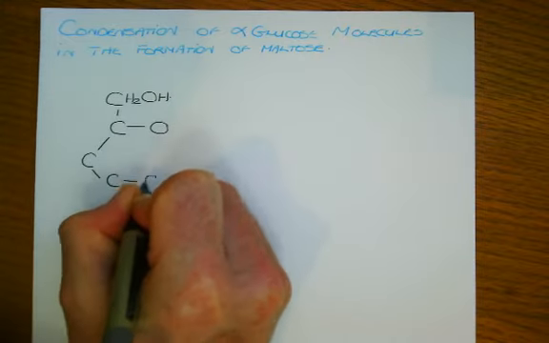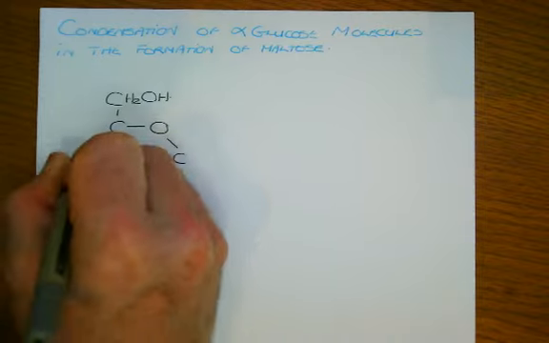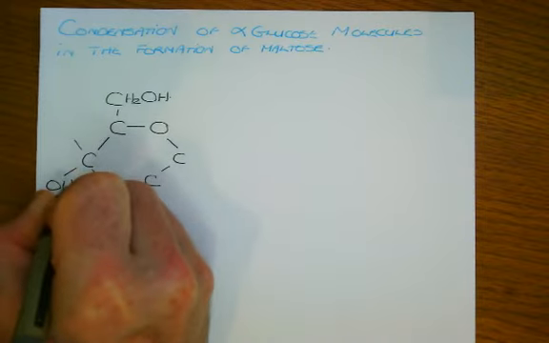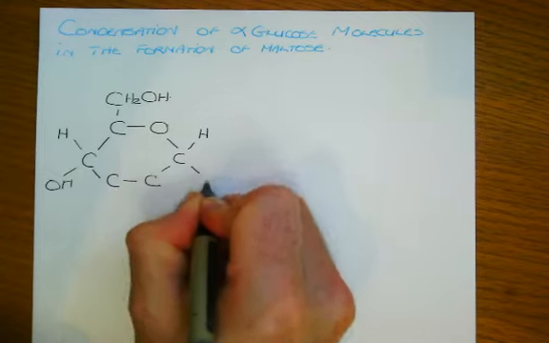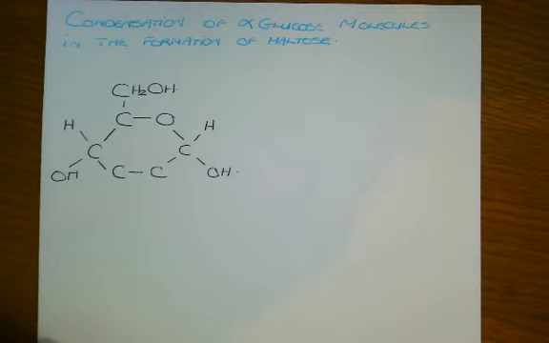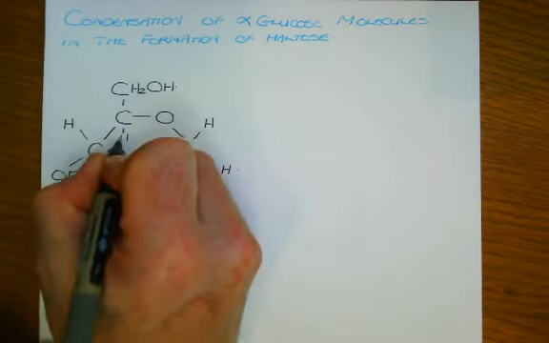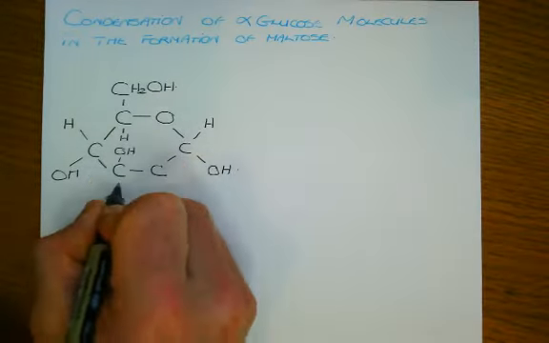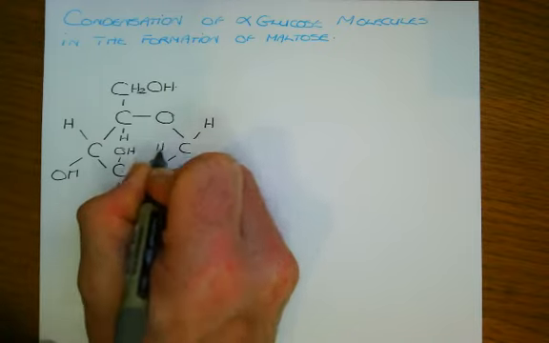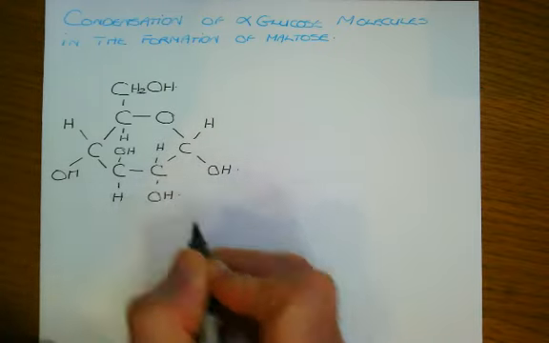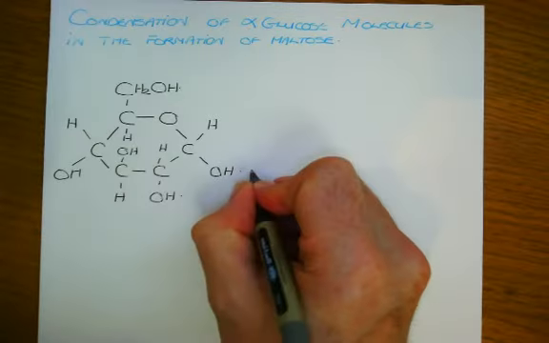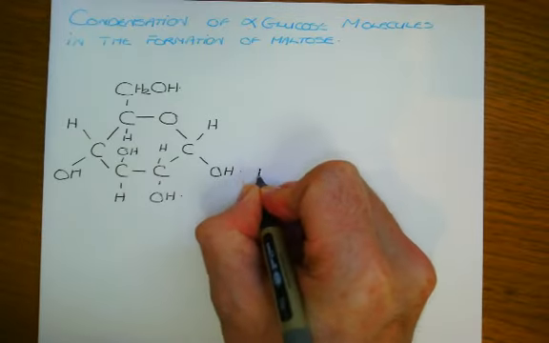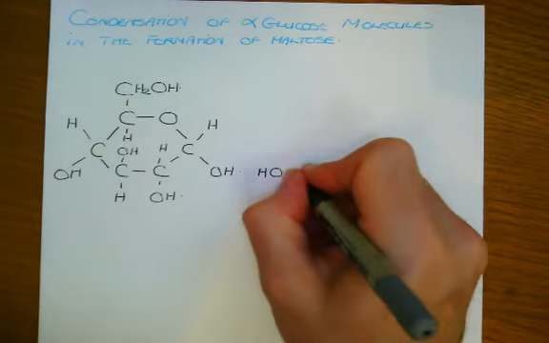So we have a main skeleton appearing there. Okay, so there's one alpha glucose molecule.